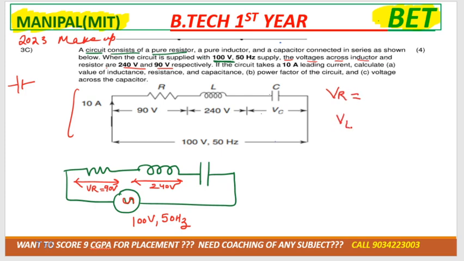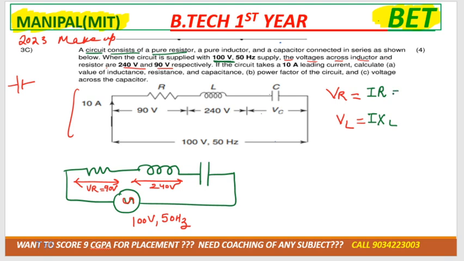And you know the formula of VL. Can you tell me what is the formula for VR? I into R. I am not writing the multiplication sign because you will get confused with X. I into R. And now tell me what is the formula for VL? I XL, right? I into XL.